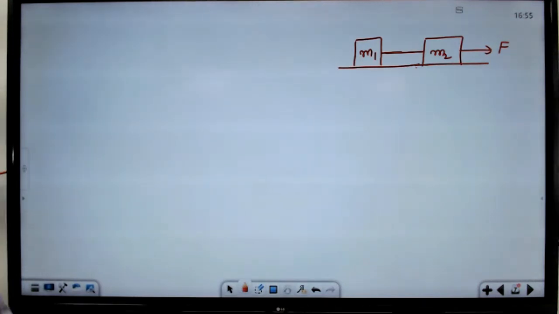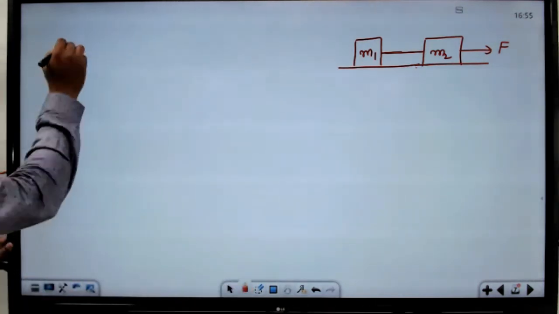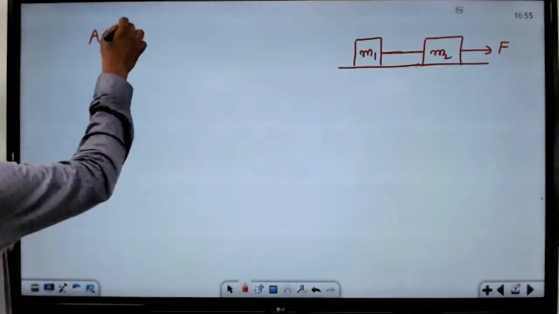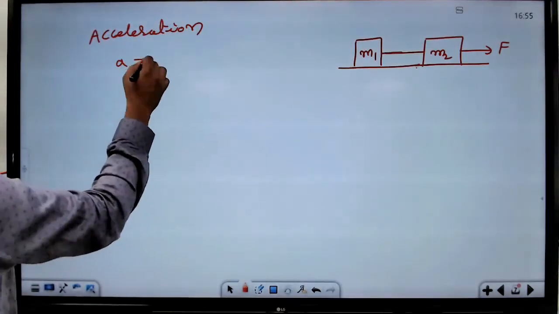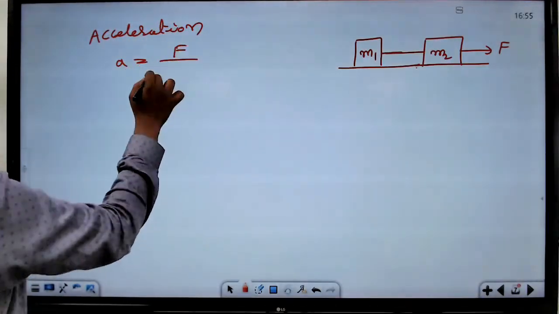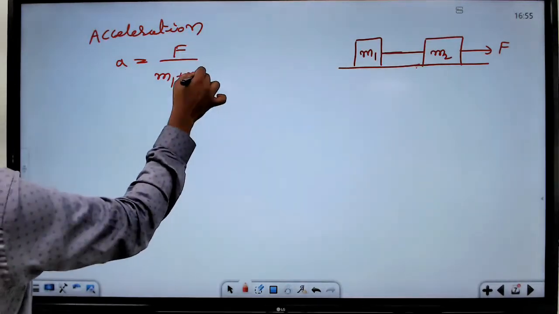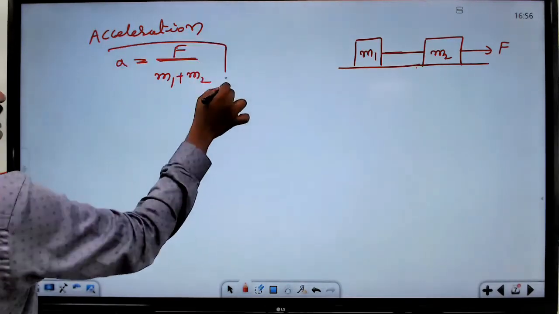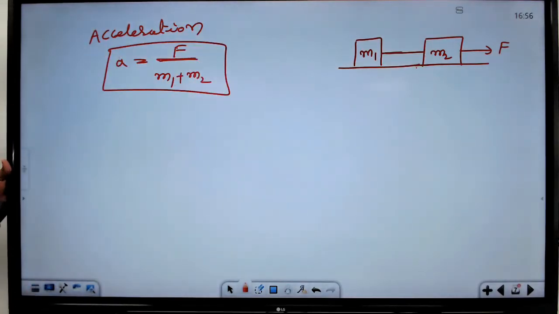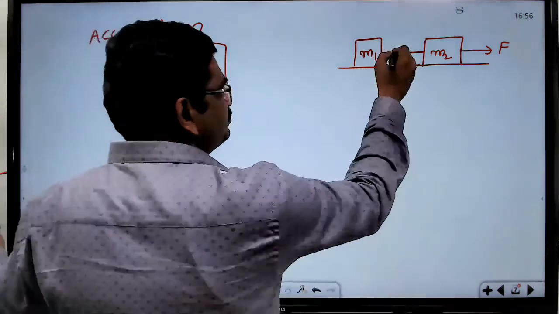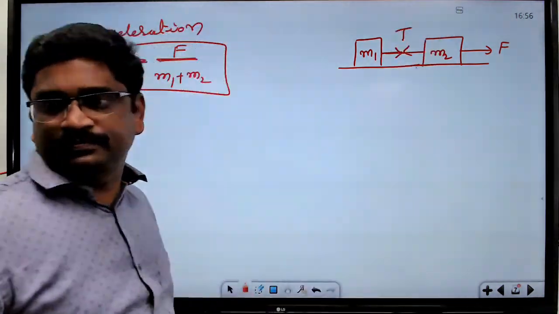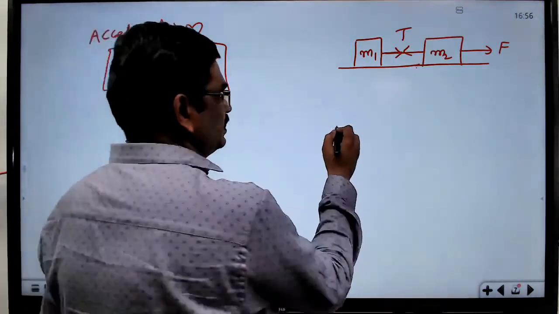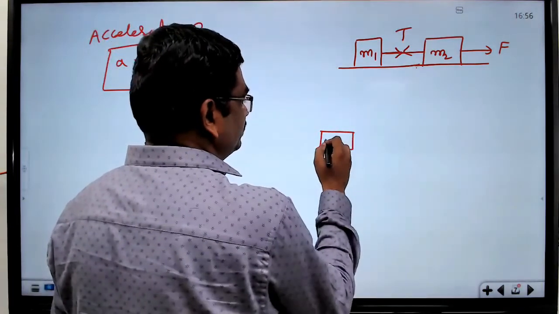Now, in this case also acceleration A can be written as net force F by total mass M1 plus M2 only. Here also same equation. Now, what is the free body diagram? Here, which force will act? So, tensional force will act.